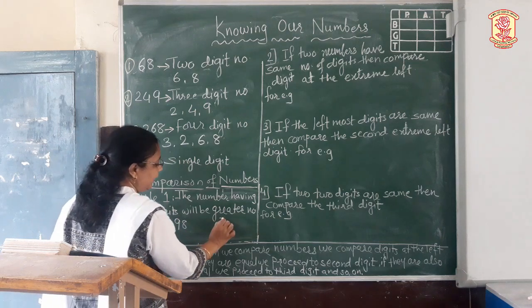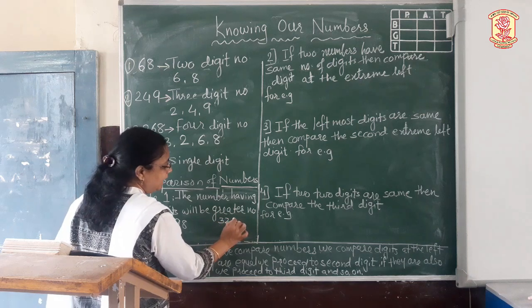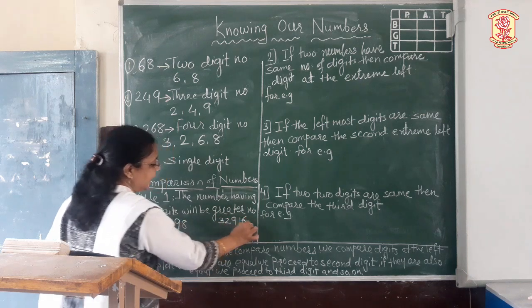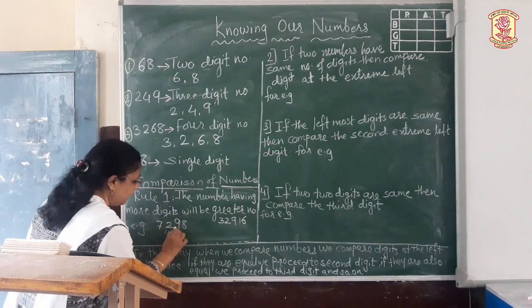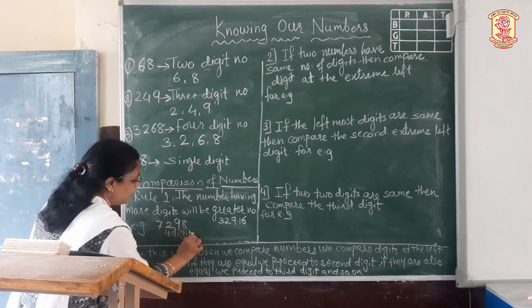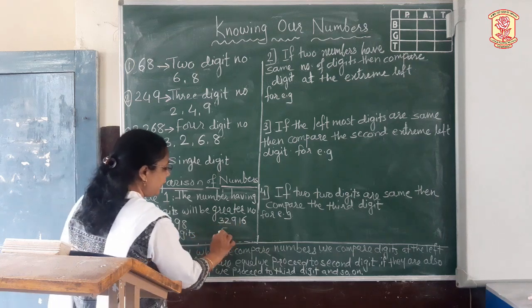7298 and second number 32,916. Now this first number is having only 4 digits and second number is having 5 digits.